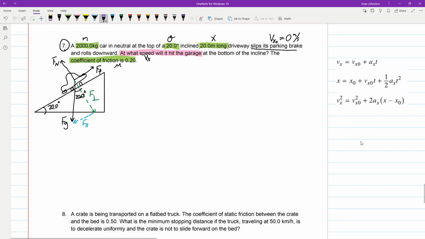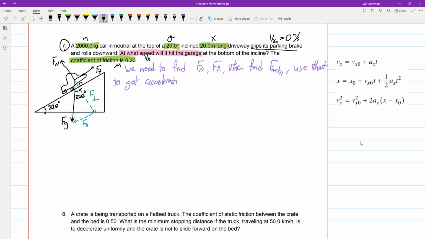So if I were to put just a sentence here of the approach so that you can maybe go and try this on your own, I would say that really we need to find force parallel, force friction, then find F net in the parallel direction, use that to get the acceleration, and last, use an equation to find Vx, the final velocity of it down the slant.